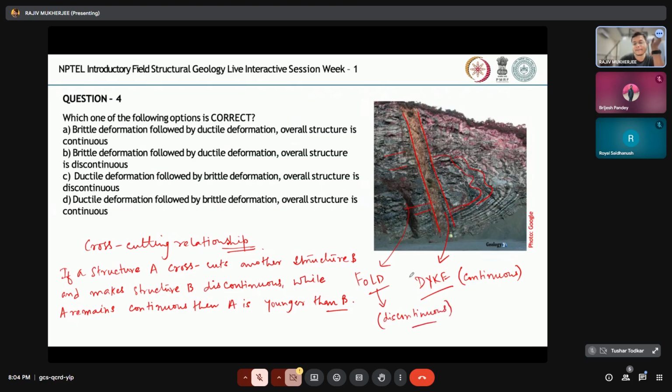So obviously intrusion of the dike is making the fold discontinuous while the dike itself remains continuous within the structure. So the dike is obviously younger than the fold.